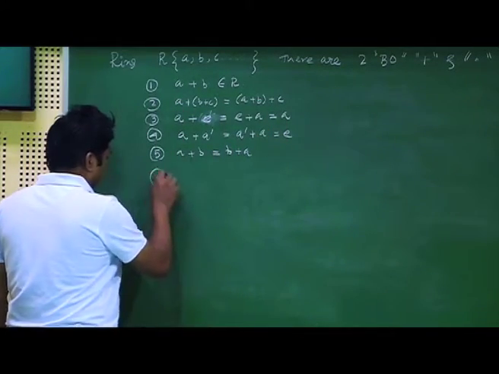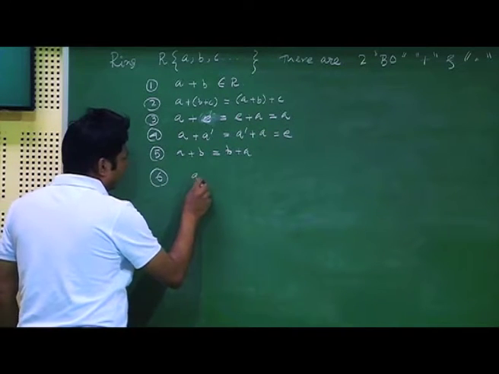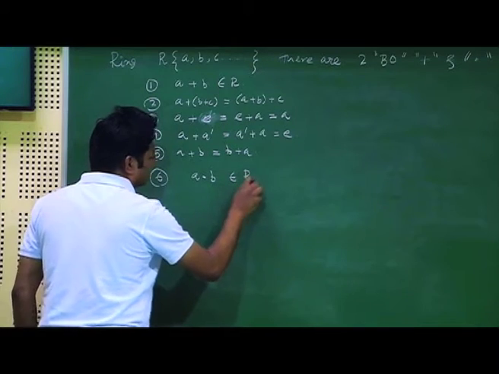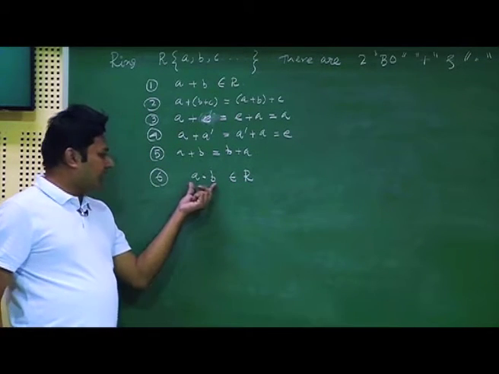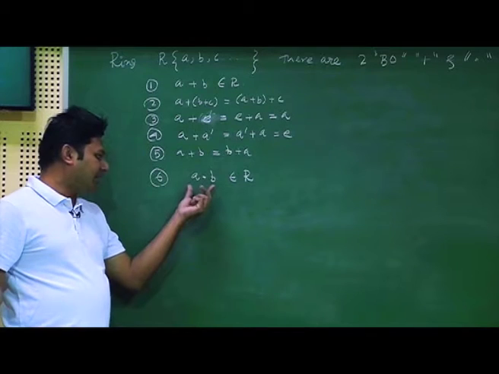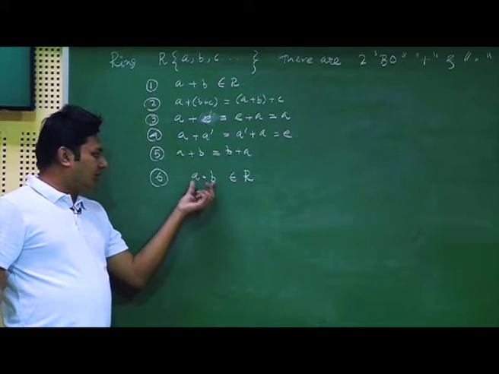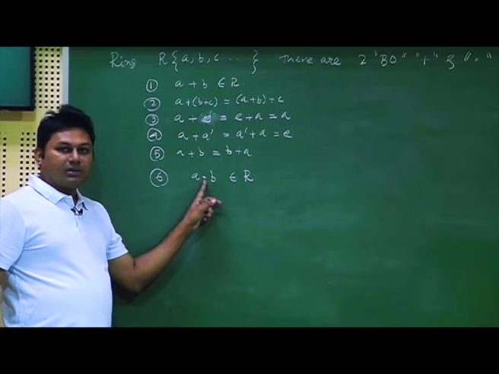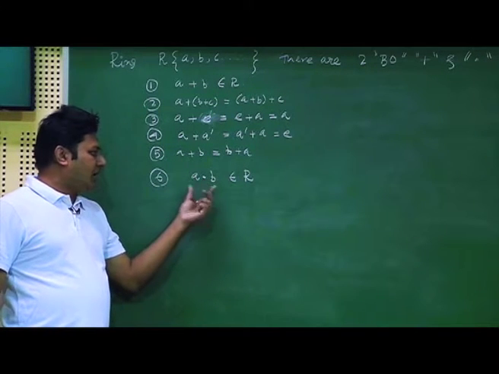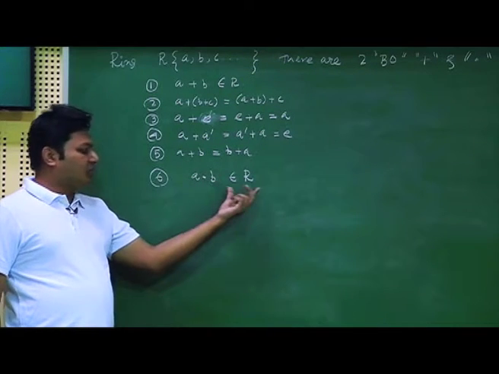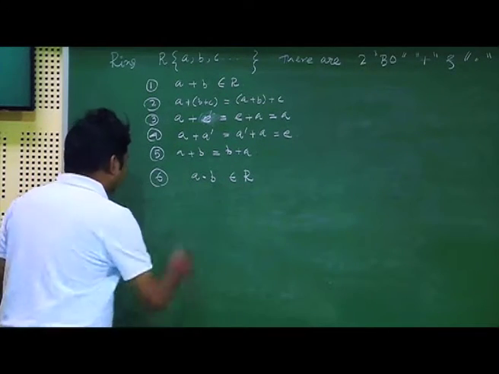Six, A star B belongs to R. Quite trivial, because star is another operation. I am taking two elements, and when they are combined with this binary operation star, I will get another quantity, A star B, which also belongs to this set R.